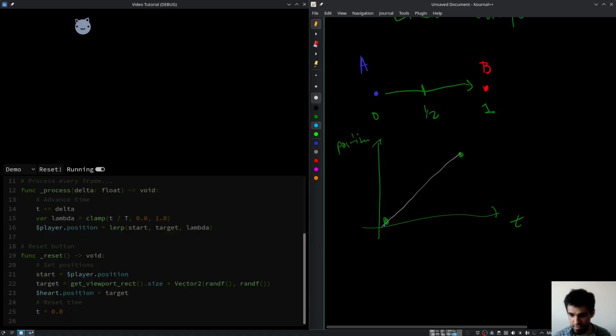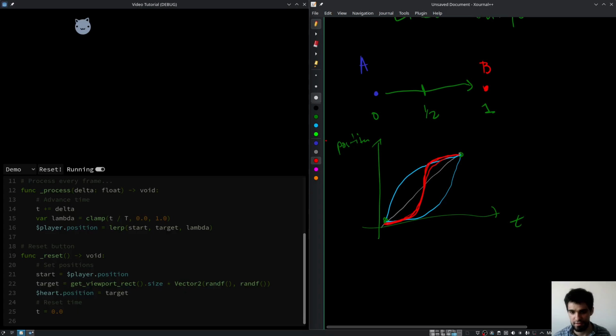Sorry, this would be to ease out, and this would be to ease in. So instead of moving like this, we want to move slowly then fast, or we want to move fast and slow down as we reach the point. Or indeed, we could do both, ease in and out. So the question is, how can we do this?